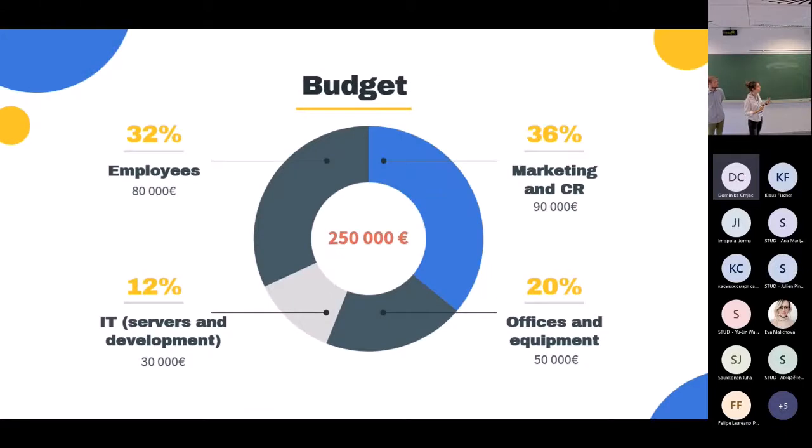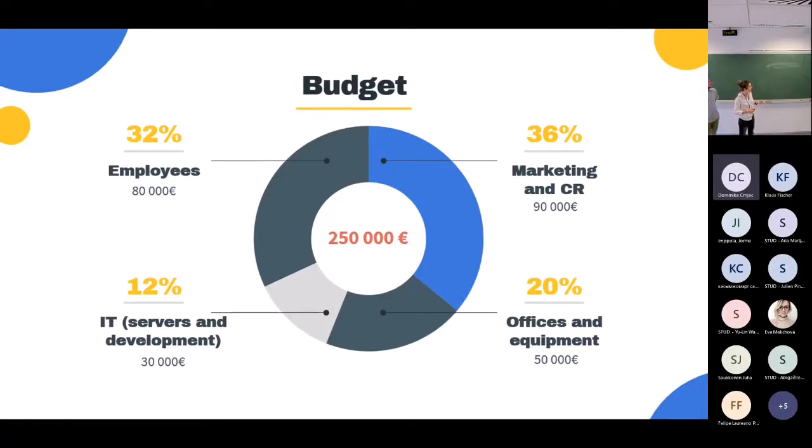So in our first phase, we estimate a needed budget of 250,000 euros, divided into 4 areas. The main one is marketing and customer relationship, because we want to create this engagement, and marketing is going to be the main aspect.